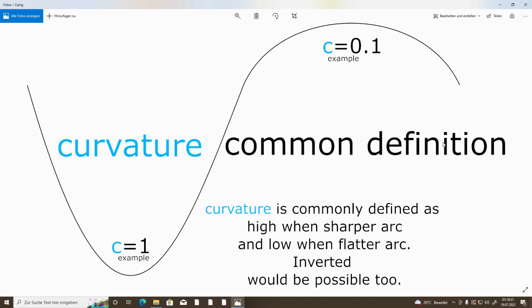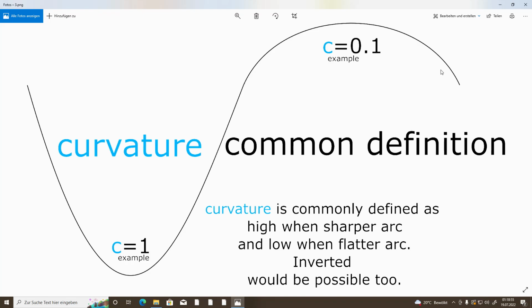So now the common definition of curvature. It's high when it's sharper normally, and it's low when it's less sharp. But you can also invert it. It doesn't matter, it's just for you.